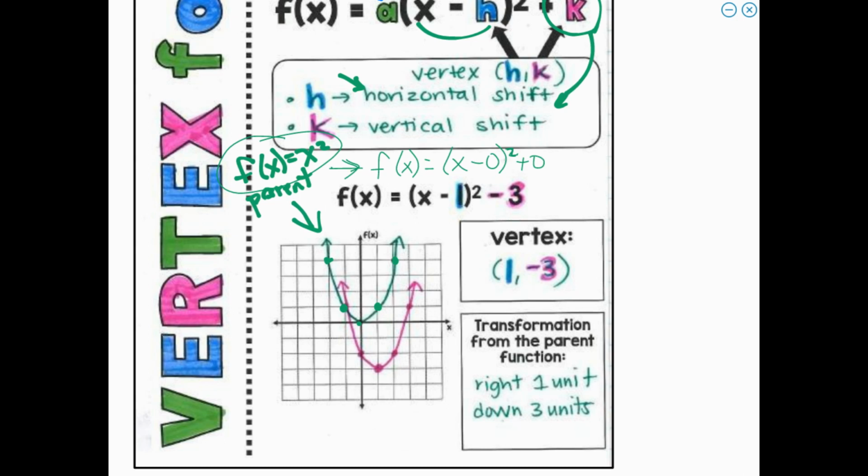Now the pink one that's there, it's this new equation that we have here. So the vertex is 1, negative 3. Why is it a positive 1, even though it says negative 1 right here?